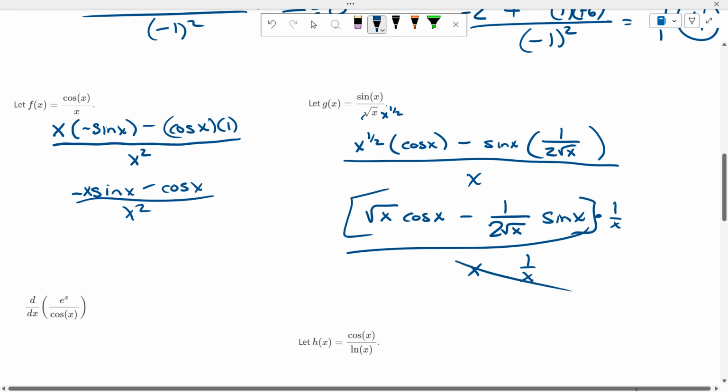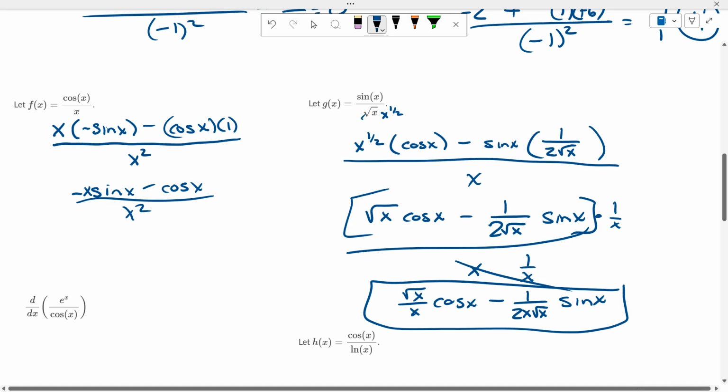These cancel. So I get the square root of x over x cosine of x minus 1 over 2x square root of x sine of x. This is my final answer.